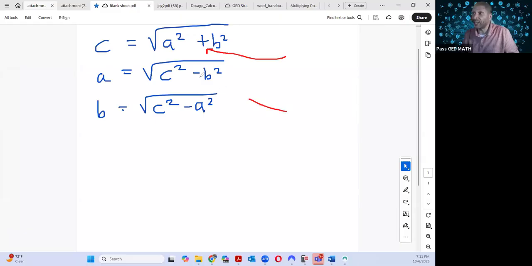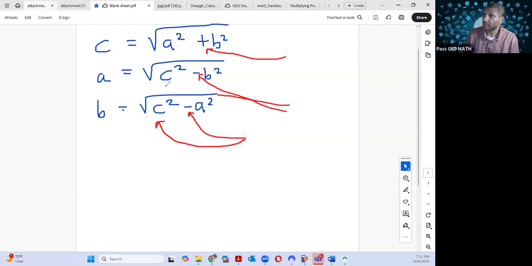When I know C, I'm subtracting. When I'm finding the missing side A and B, my C squared is first. If you know these simple things, there's no Pythagorean problem they can give you that you get wrong.